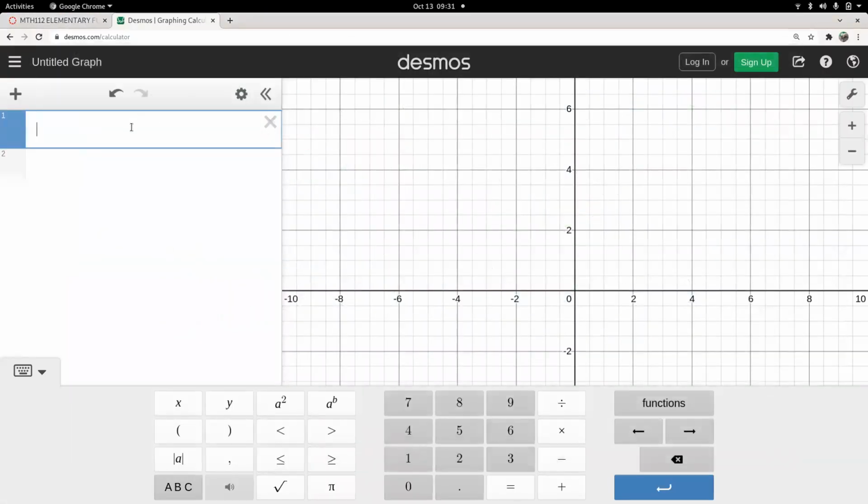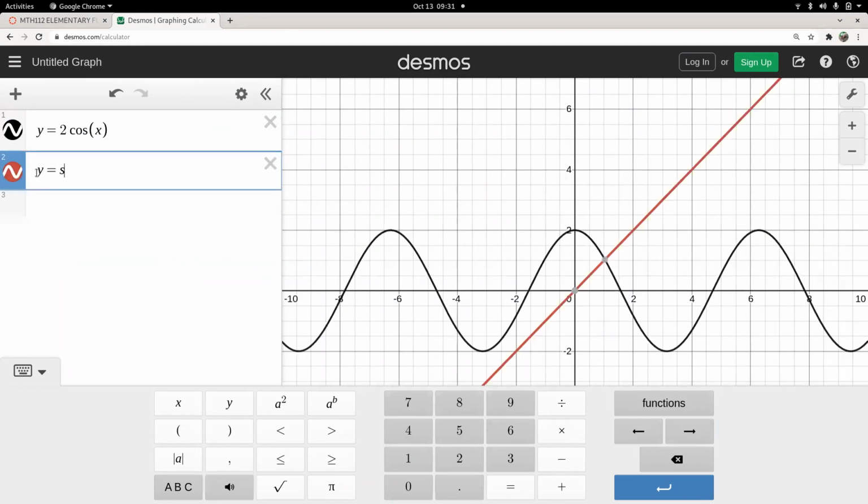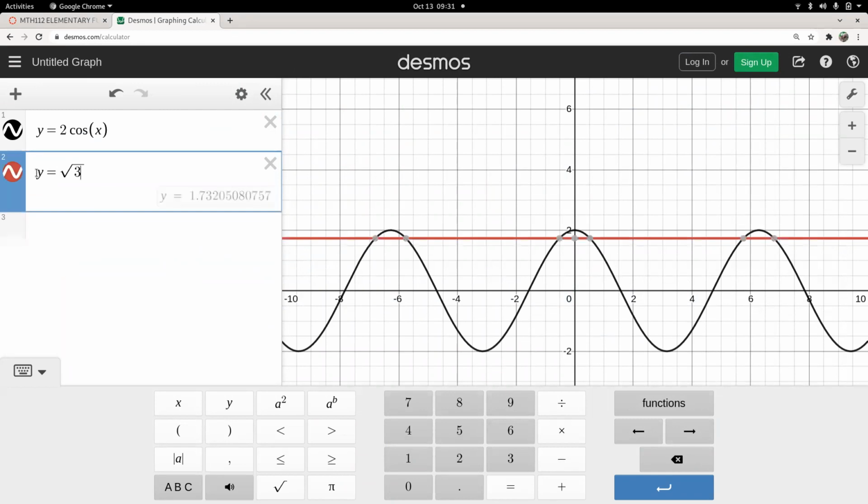And so again, I thought one of the answers was pi over 6, which is about 0.5-ish, and the other was 11 pi over 6, which is about almost 6. So now if I graph y equals twice the cosine of x, and I compare that to the graph of y equals the square root of 3, I should see a whole bunch of solutions.